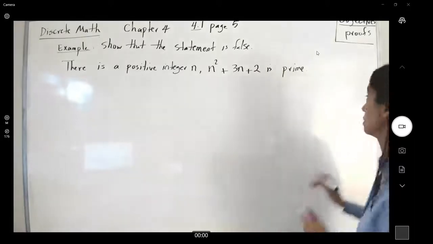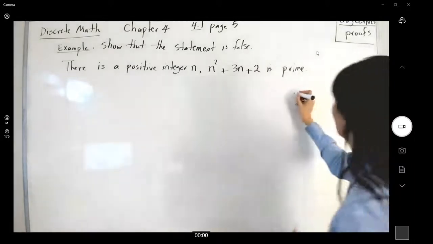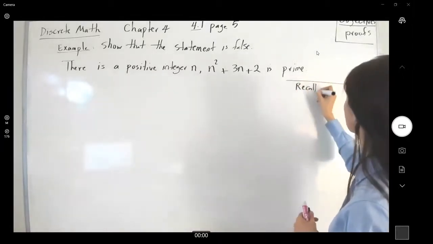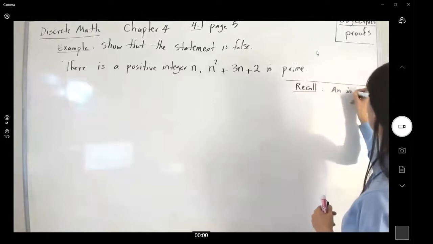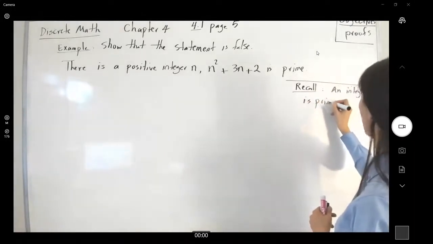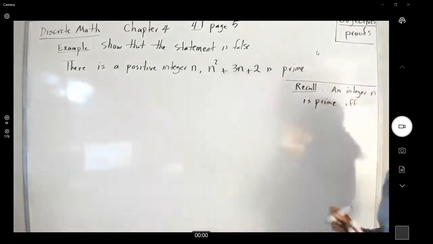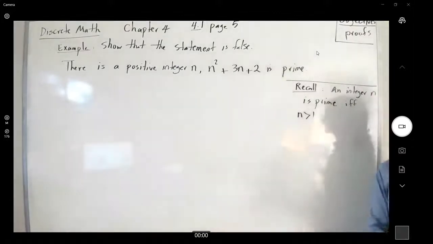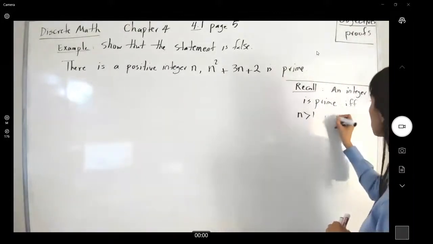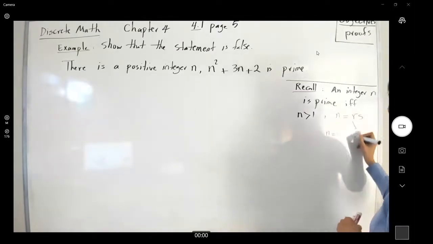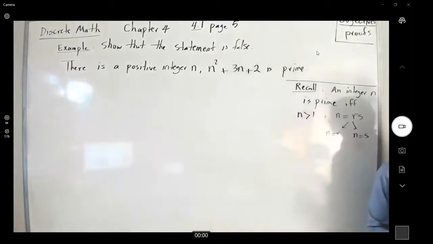Because of the definition of being prime and being composite, we say that an integer n is prime if and only if that integer is greater than 1, and if you write n as the multiplication of two other numbers, r times s, we have n equals r or n equals s. Otherwise, we say it is composite.